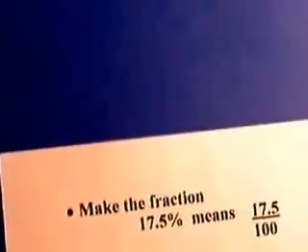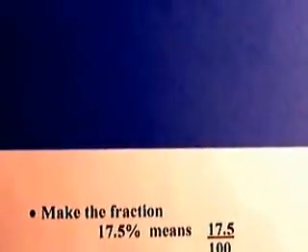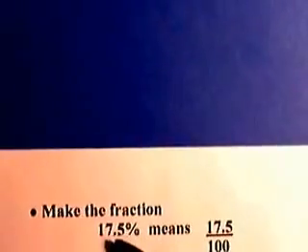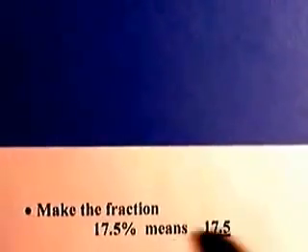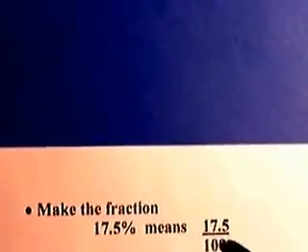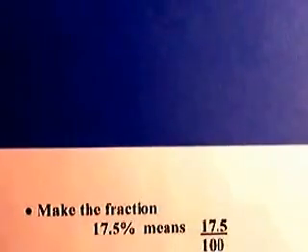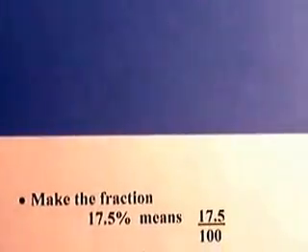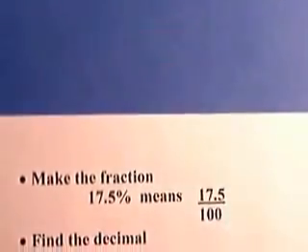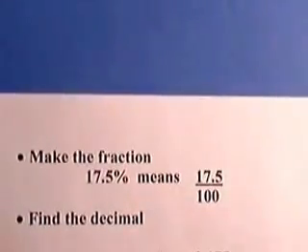Okay, so what you would do then is make the fraction. 17.5% means 17.5 out of 100. Okay, we're slowly getting towards the percentage expression. When you've done that, you then find the decimal for this fraction.